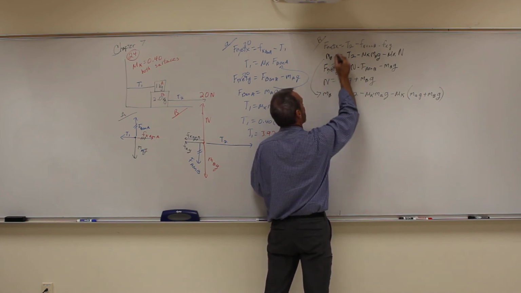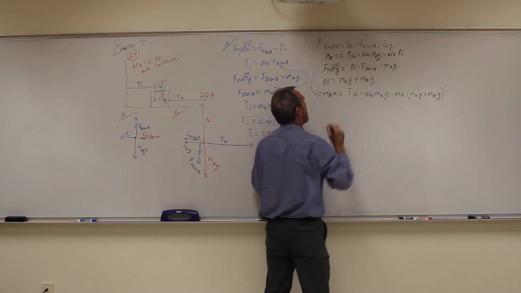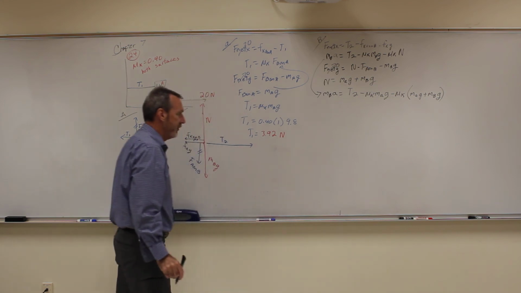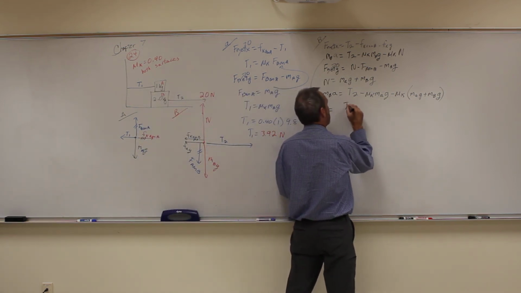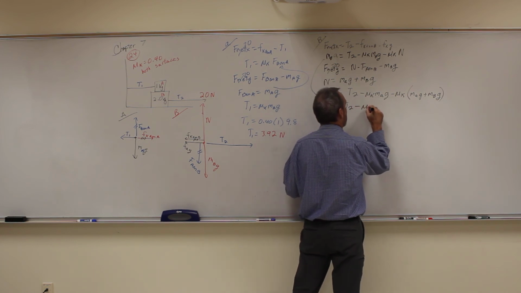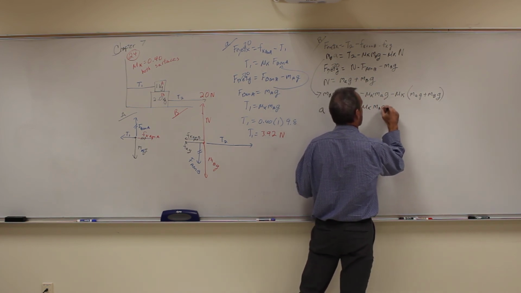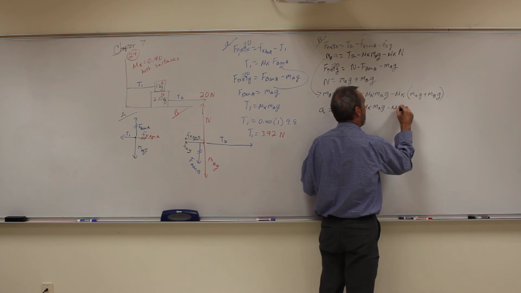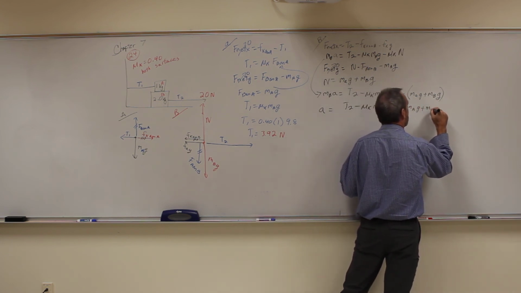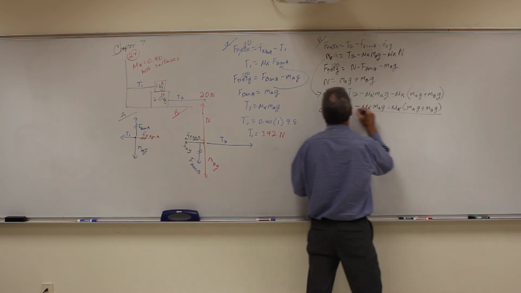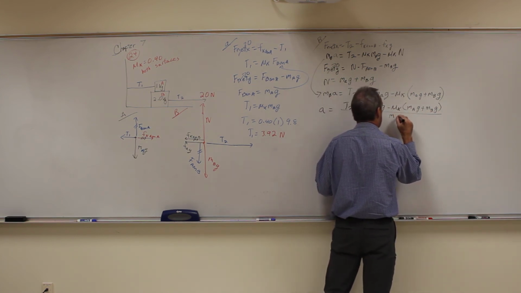That's A, right? It's accelerating. And so to get the acceleration now, I'm going to solve it for A. So A is going to be T2 minus mu sub k MAG minus mu sub k MAG plus MBG, all divided by MB.